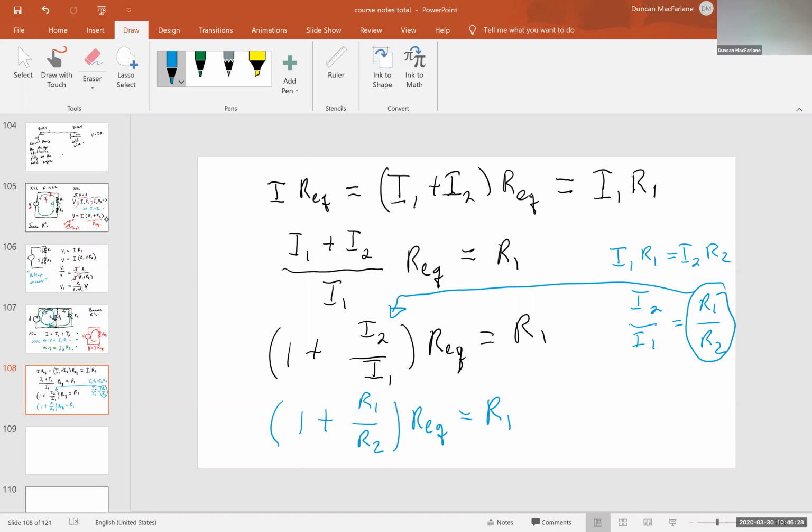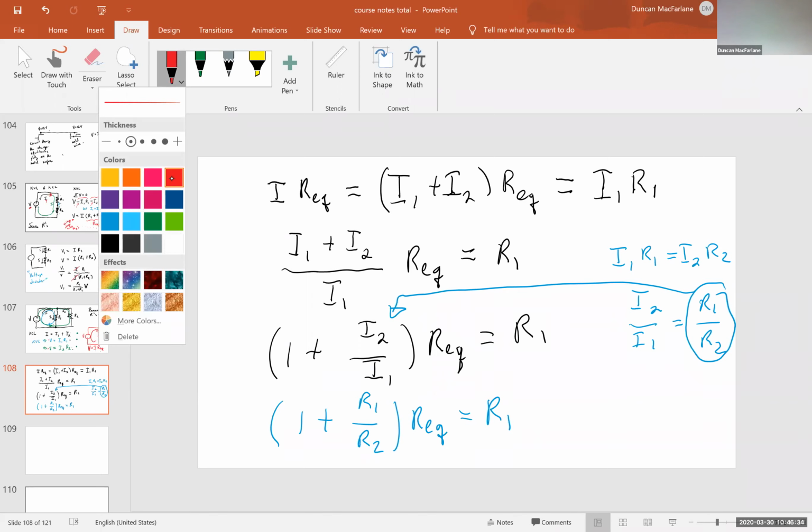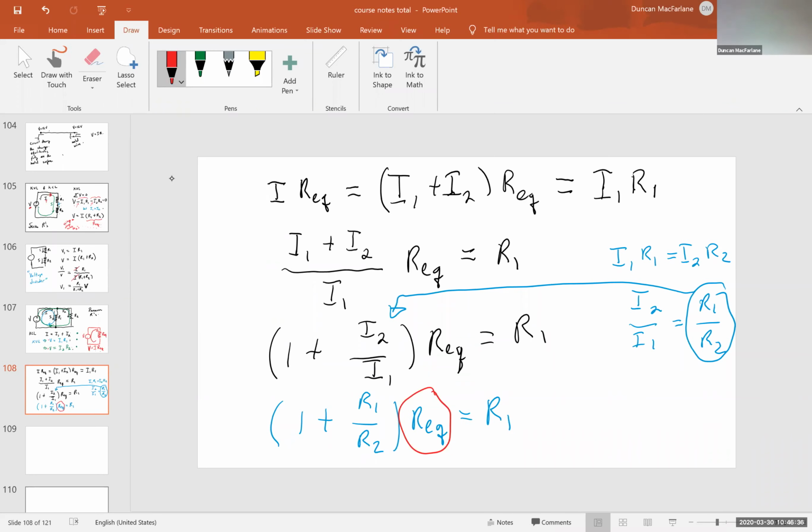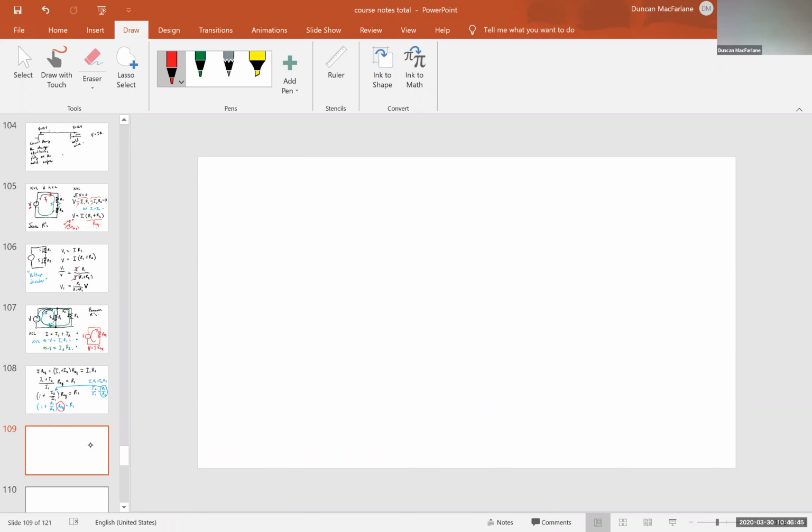Now I've eliminated all my current and all my voltage. And the thing I care about is what my equivalent parallel connection of resistors is. So I can solve for that.